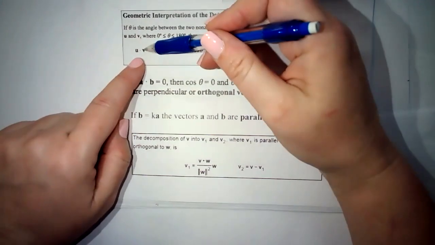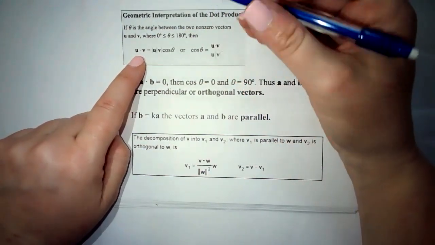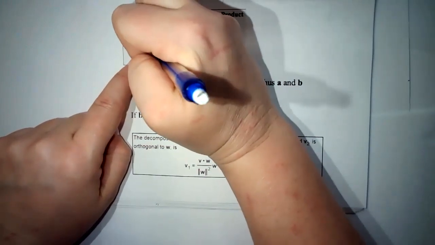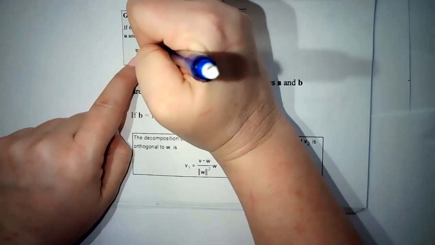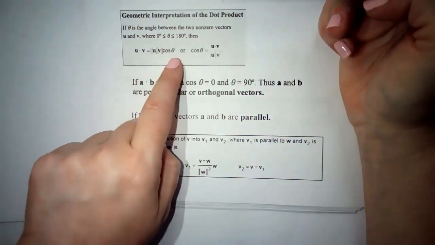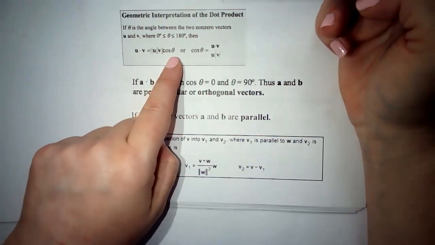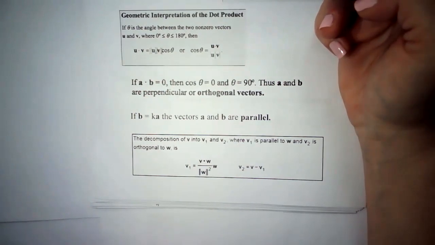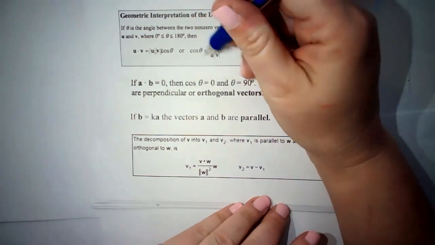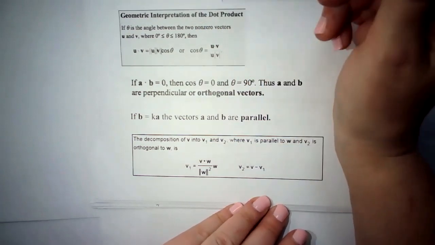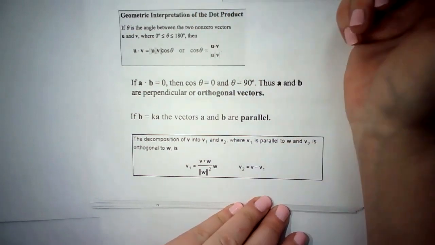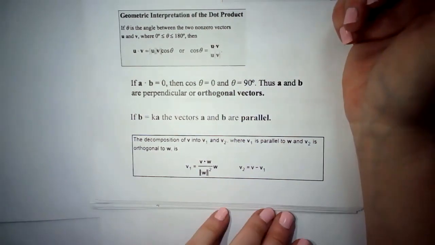If you want to find the dot product, another way you could do it is take the magnitude of each vector, multiply them together, times the cosine of whatever their angle is. You can also find the cosine or the angle involved with the dot product if you just solve for that. So we'll do that in our examples.